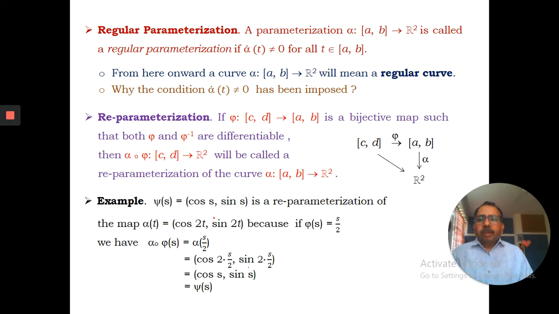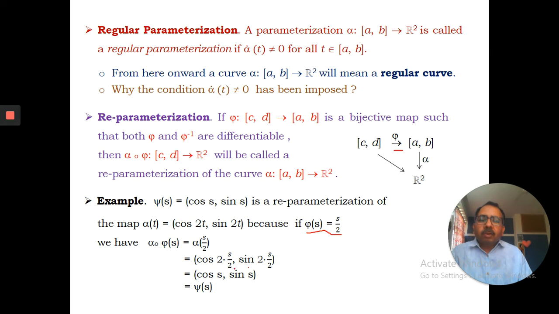An example of a reparameterization: psi(s) = (cos s, sin s) is a reparameterization of the map alpha(t) = (cos 2t, sin 2t). Both are parameterizations of the unit circle, so we'll see that one is a reparameterization of the other. Define the map phi as phi(s) = s/2 and compute alpha of phi(s), which is alpha(s/2), because alpha is defined as (cos 2t, sin 2t).